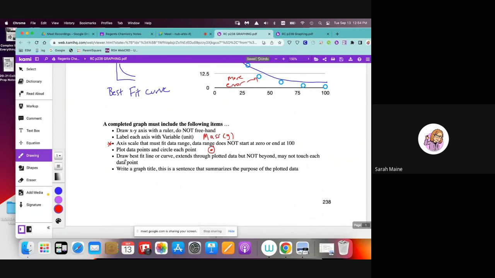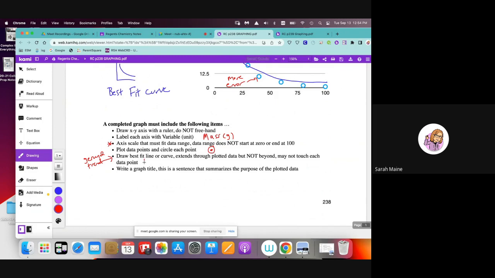Take a look at your data and determine if you need to put in your general trend line. Is it going to be best fit or the curve? That line or curve just represents our general trend. So best fit because both are increasing, curve because one increases, the other decreases.